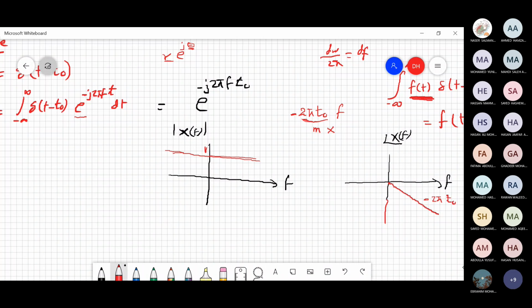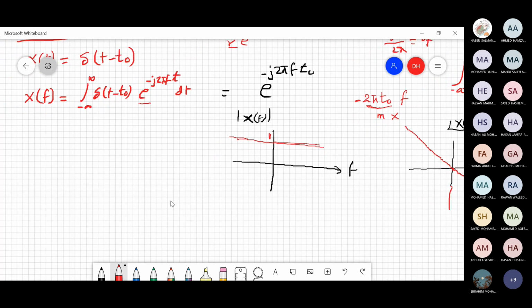That means that whenever t naught changes, the slope changes. Similarly, the angle of x of f is, as we said, odd, so whatever we have here, we have it here but with the opposite sign. Is that clear?